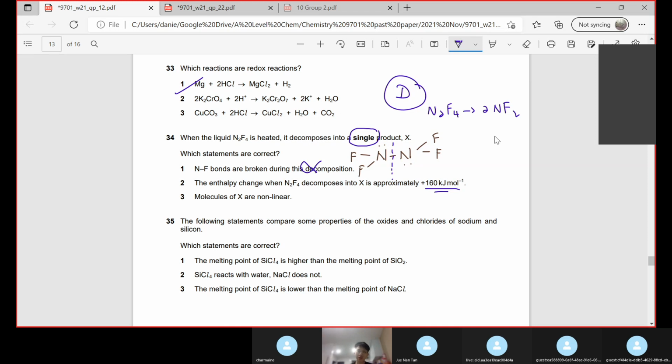So this is the bond energy for the N single bond N, so statement 2 is correct. Then molecule X, NF2, the structure is basically like this: NF2, with one lone pair and one unpaired electron. So this structure is non-linear, correct. So the answer is C.